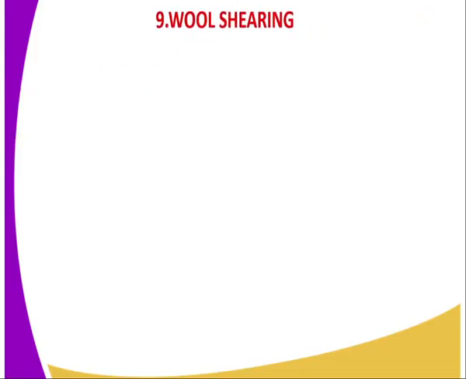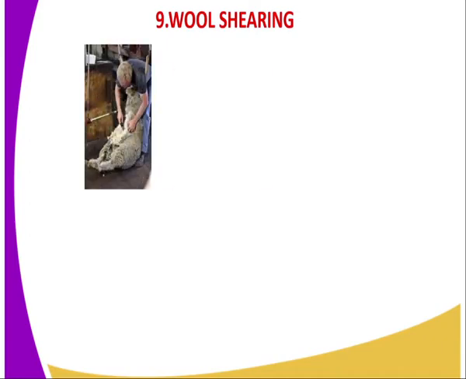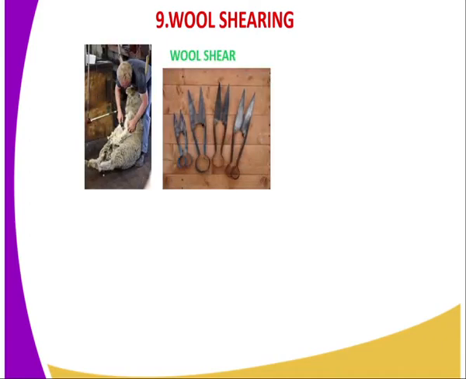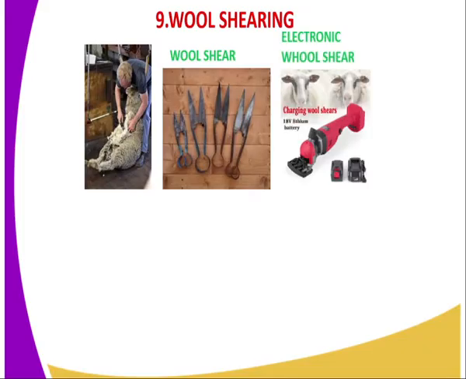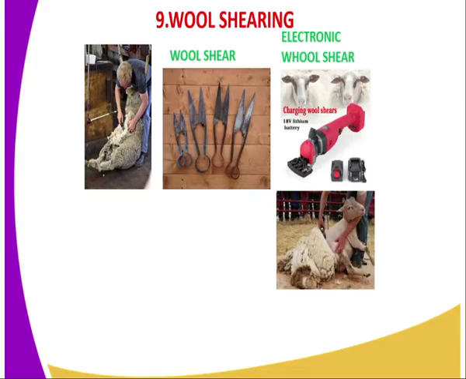Then we have wool shearing. The tools which are normally used during wool shearing, we normally use a wool shear. You can see there is a wool shear there, and also there is an electronic wool shear, and it is well displayed there. Then we have somebody who is carrying out wool shearing.